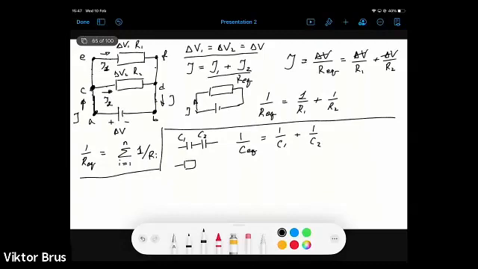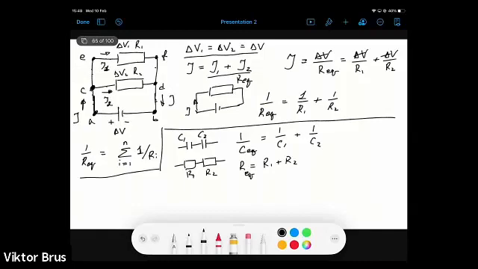However, in case of resistors R1 and R2, we get the sum. So equivalent resistance is equal to the sum of the two resistors. So in case of resistance, we increase equivalent resistance by connecting resistors in series. In case of capacitors, we reduce equivalent capacitance by connecting two capacitors in series.